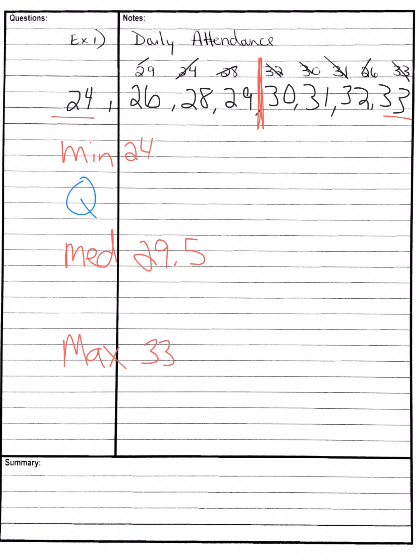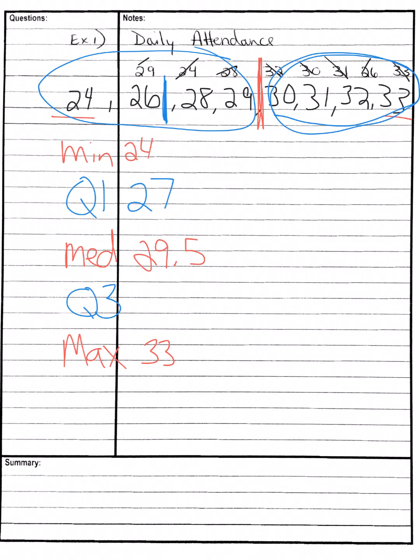Now we're going to find what's called Q1 and Q3. Quartile 1 is actually going to be a median as well of the lower set of numbers. So we're going to look at these bottom 4 numbers below the median, and we're going to find the middle of those. The middle of these is going to fall at 27. And for quartile 3, we're going to find the middle of our numbers above the median.